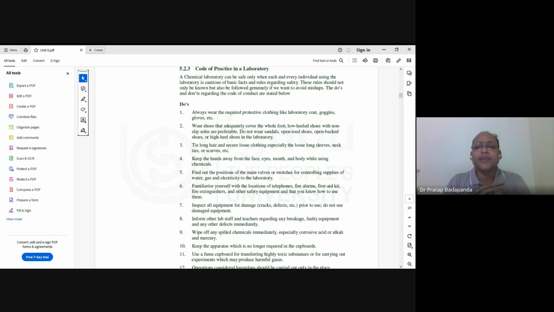Then wear shoes. Now the shoes are important. Wear shoes that adequately cover the whole foot. Low heel shoes with non-slip soles are preferable. Do not wear sandals, open-toed shoes, open-back shoes, or high heel shoes in the laboratory.